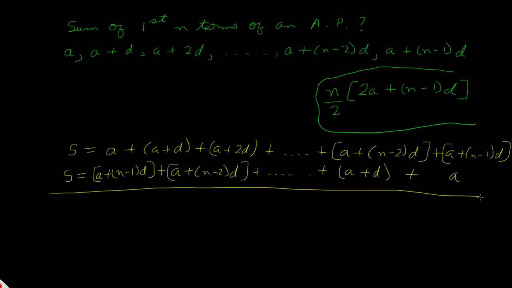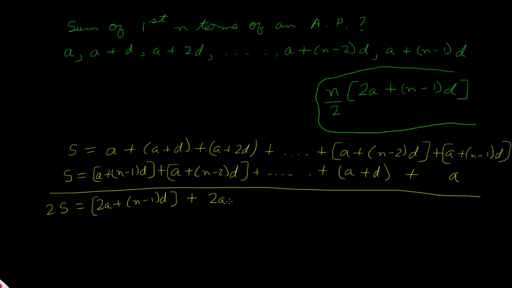Now if we add both of these equations, what do we get? S and S would be 2S. If you add the first term and the last term, a and a is 2a plus n minus 1 times d. Again, if you add the second term and the second last term, a and a would be 2a, and here you would have nd minus 2d, and you are adding plus d here, so it will be nd minus d, that is n minus 1 times d.